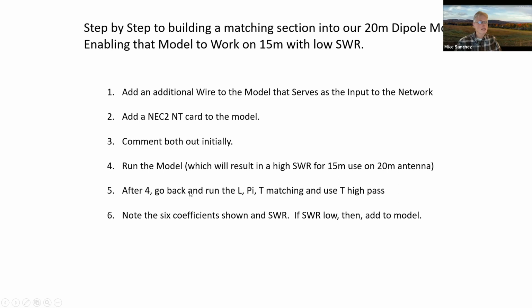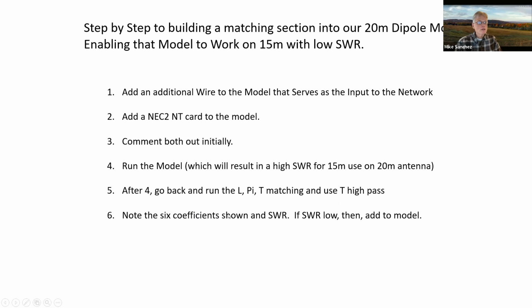After 4, go back and run the LPTI matching and use a high pass network. You can use whatever you want. I've found T high pass to be pretty common and they always seem to work over a wide array. I don't know enough about matching sections to know what's right for what frequency, so I use the T high pass. It works, and for this course, it doesn't matter. Just pick one.